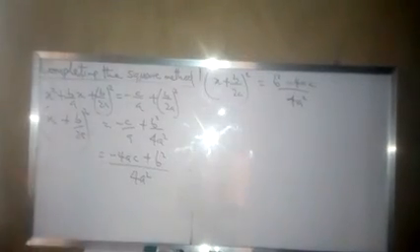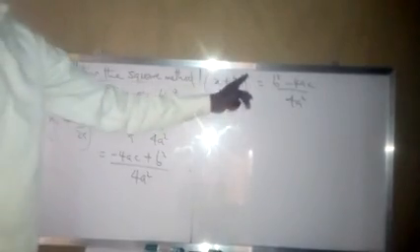The next thing for us to do is just to find the square root of both sides, because this one has a square. To remove the square here, we have to find the square root of both sides. That is, the square root of x plus b all over 2a all squared, which is the square root of b squared minus 4ac all over 4a squared.